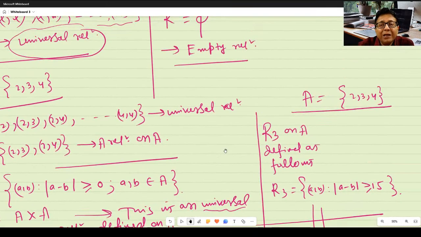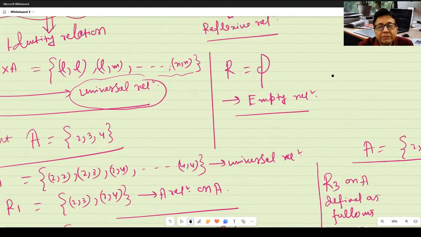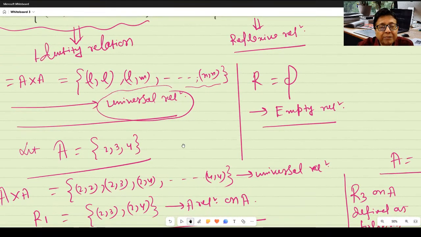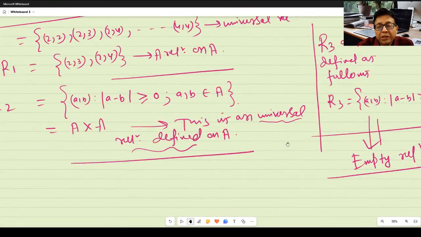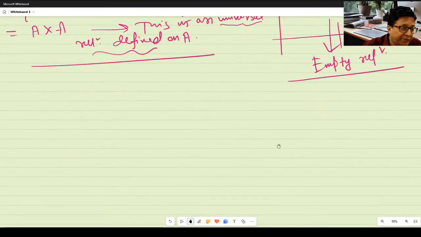Let me define these three relations first. That is identity, universal and empty relation. So what we have done in class 11 includes these, isn't it?